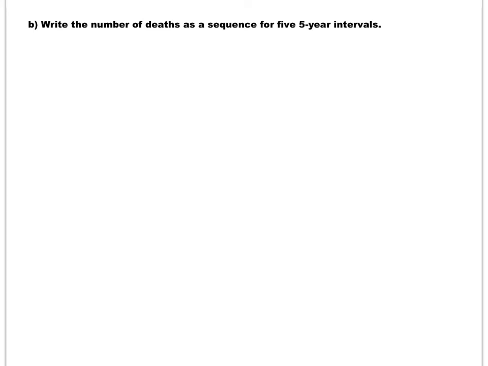Okay, the first term is going to be 4,100. The second term is 4,100 times 0.92, which is going to be 3772. The next one is going to be 4,100 times 0.92 exponent 2, which is going to be 3470.